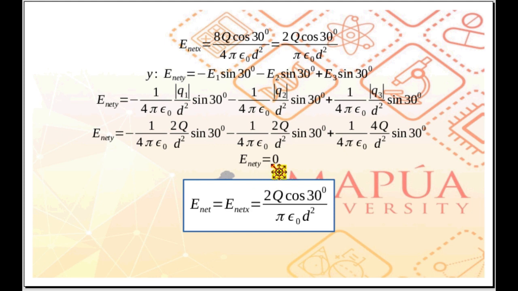E net y is equal to 0, which means E net is just equal to E net x, equal to the x component. So, E net is equal to E net x is equal to 2Q cosine 30 degrees over pi epsilon naught D squared.